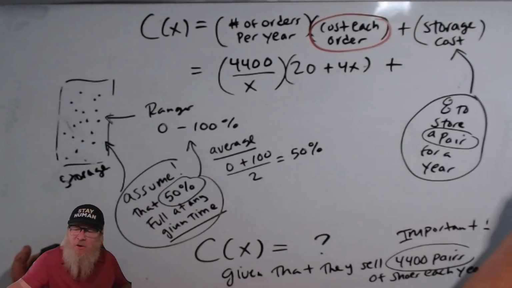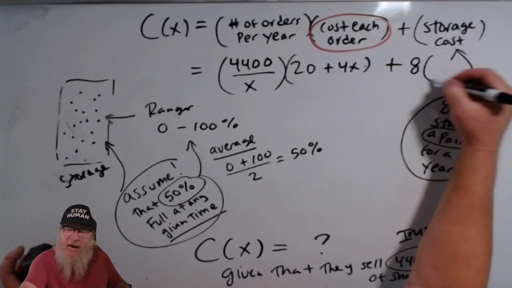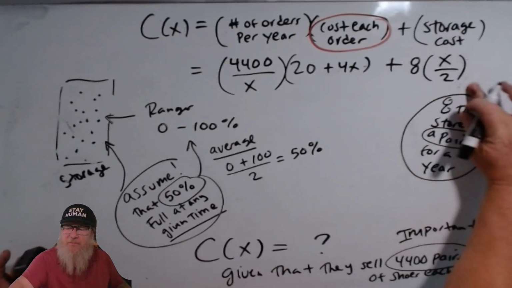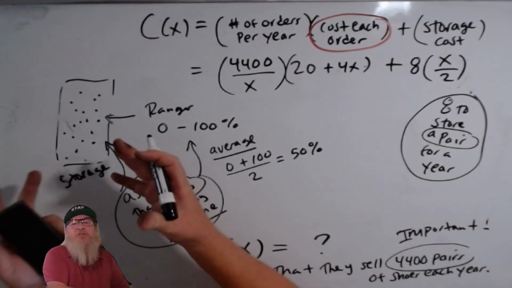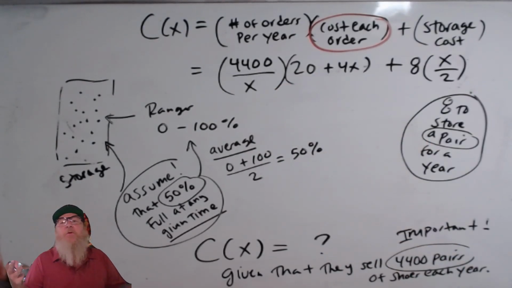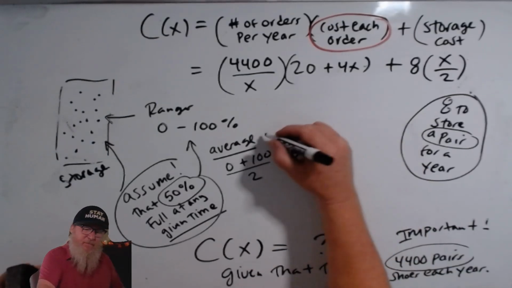So our storage cost is $8 times X over 2. In other words, X is the number of shoes that we've ordered in the lot, and half of them will remain in storage for a year.